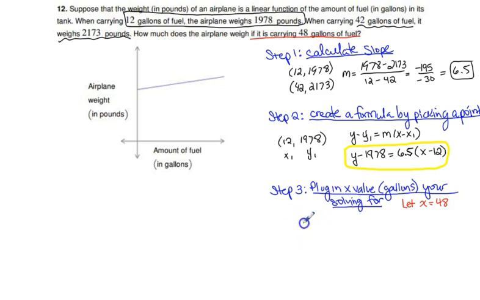See how you did. Y minus 1978 equals 6.5 times x minus 48 is my formula. Oh, excuse me, x minus 12. My apologies. 6.5 times x minus 12. Almost made a transfer error there. Y minus 1978 equals 6.5 times 48 minus 12.